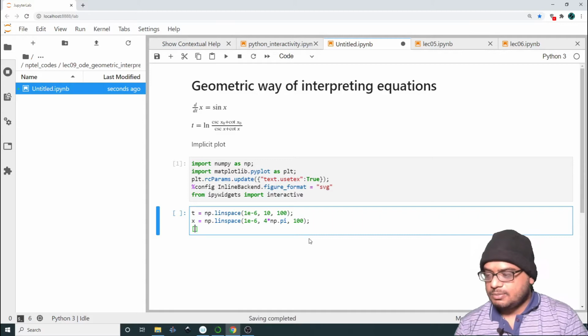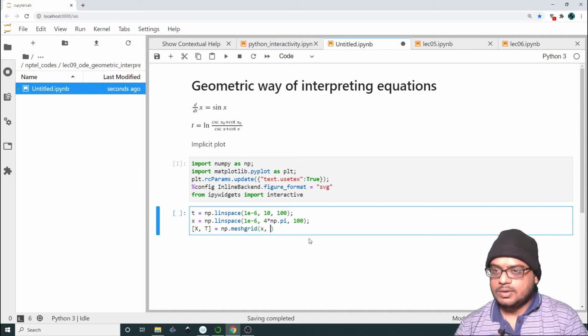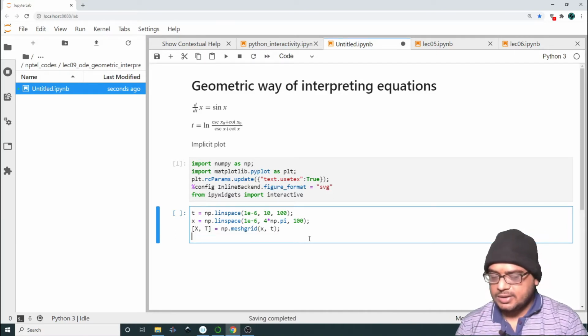Okay, so I've defined the two things. Let me create a mesh grid. So X comma T is equal to np dot meshgrid of x comma t. So I'm denoting the mesh grid by capital X and capital T. Let me define the implicit function.